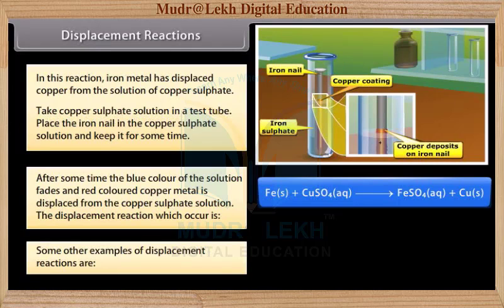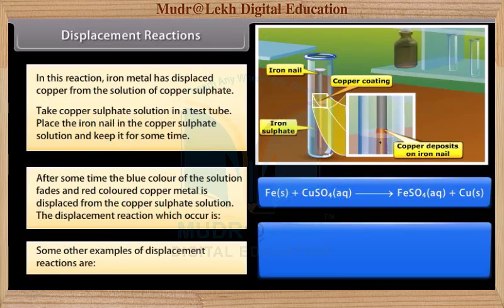Some other examples of displacement reactions are 2Na plus 2H2O gives 2NaOH plus H2, and 2Al plus Fe2O3 gives Al2O3 plus 2Fe.